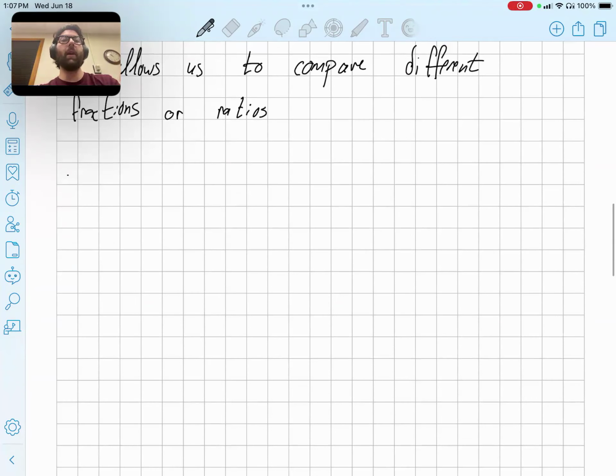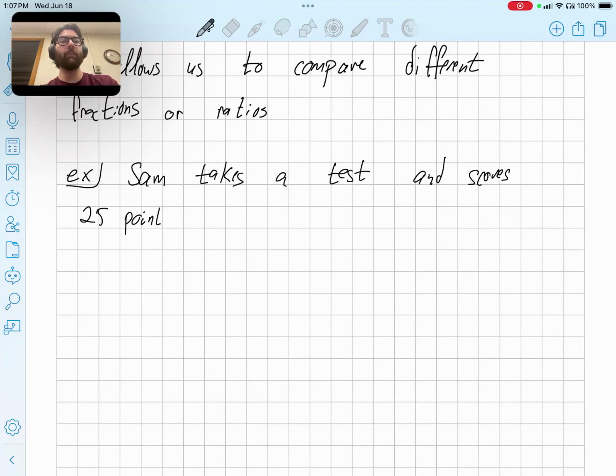So here's an example of the type of problem that we're going to want to be able to solve. So suppose Sam takes a test and scores 25 points out of 30 possible points.